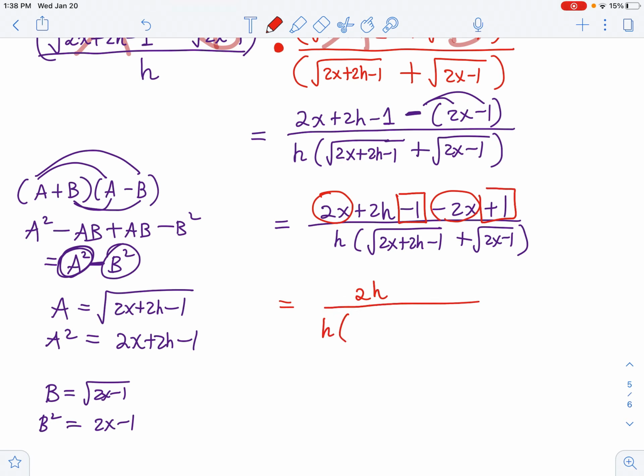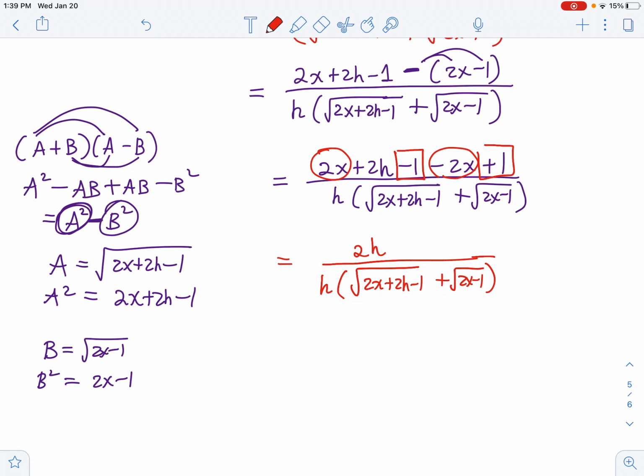And guess what? If it's just 2h left on the numerator, there was that h in front of this long conjugate factor. We can cross out this h. So finally, your answer is 2 over square root of 2x plus 2h minus 1 plus square root of 2x minus 1.